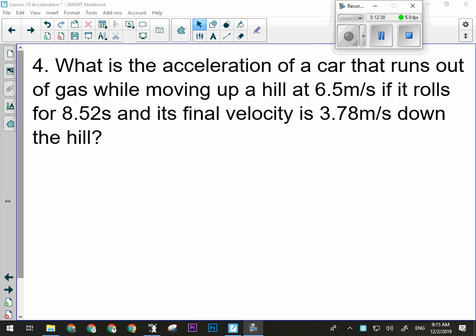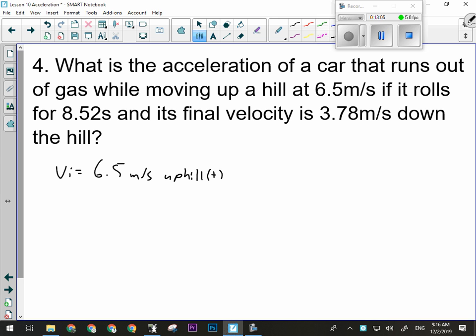All right, so on this one, context is important. The car is initially moving up the hill, but at the end it's moving downhill, which means it's accelerating backwards, right? So I have to put some positives and some negatives in here when I'm doing my math. All right, so it runs out of gas while moving up the hill. So VI is going to be 6.5 meters per second uphill, which I'll make positive.